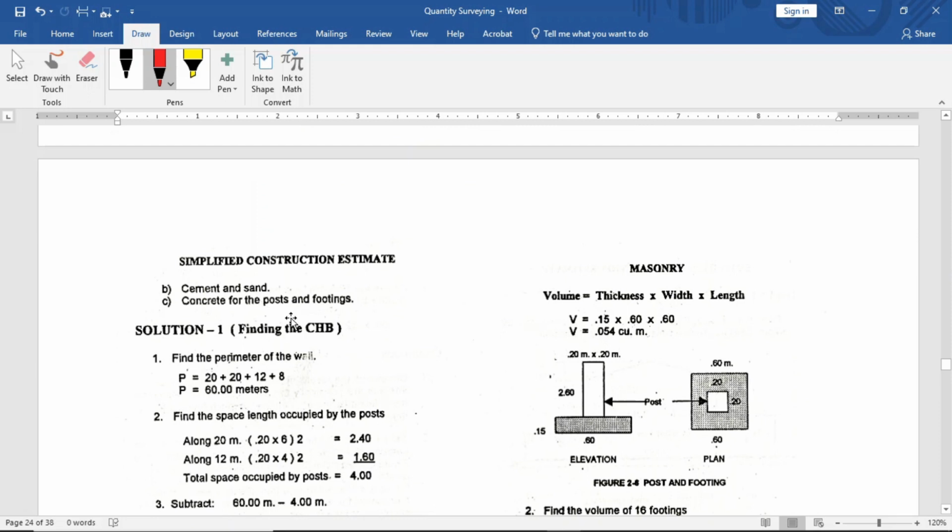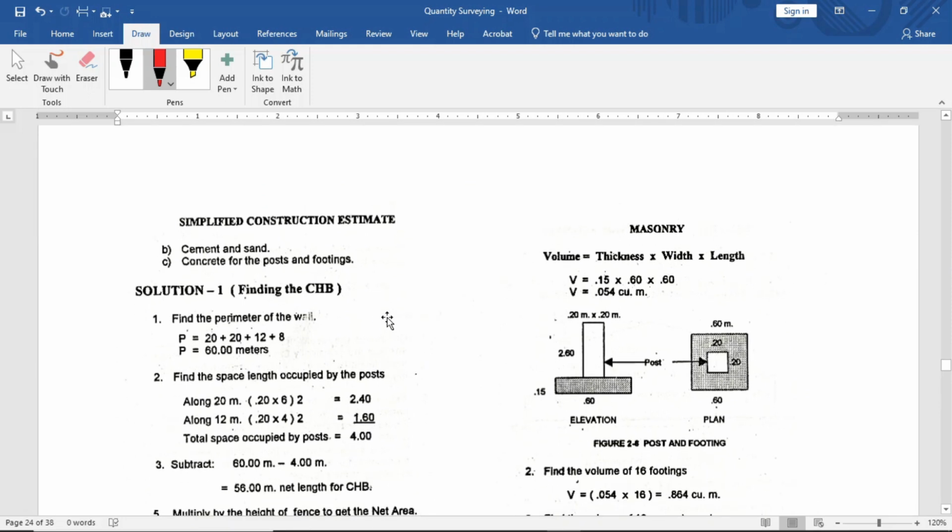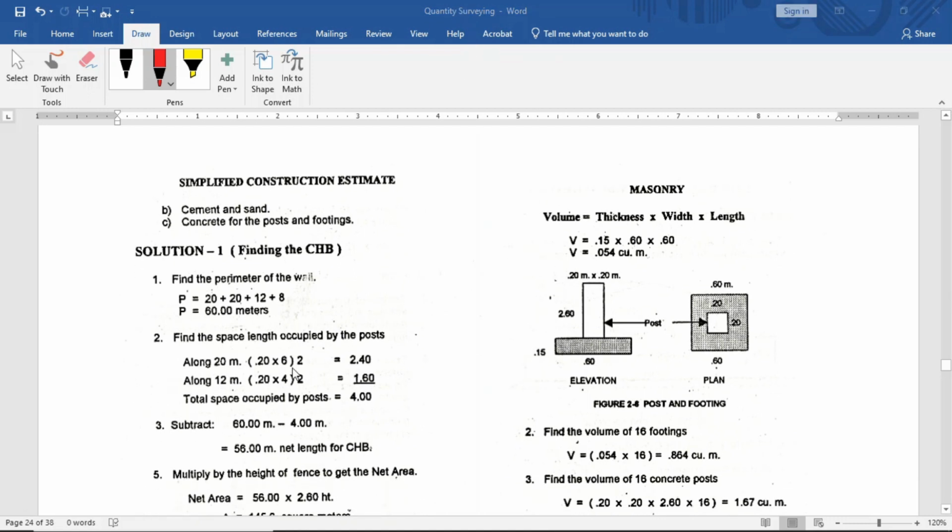So, try natin. So, kanina, ito, meron lang tayong mga posts. Yung first is find the perimeter of the wall. So, yung katulad lang kanina, 60 meters yung perimeter natin. Then, find the space length occupied by the post.